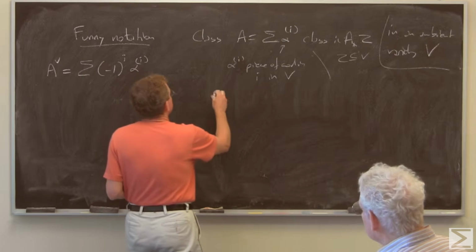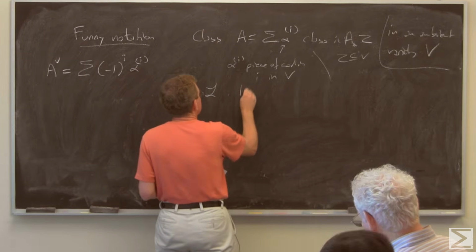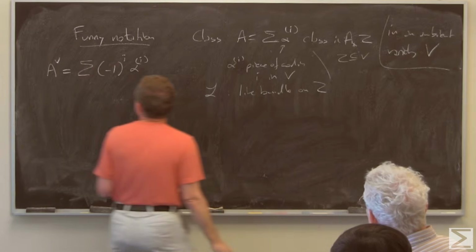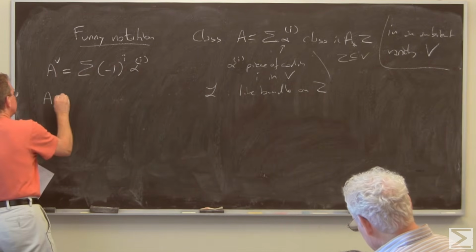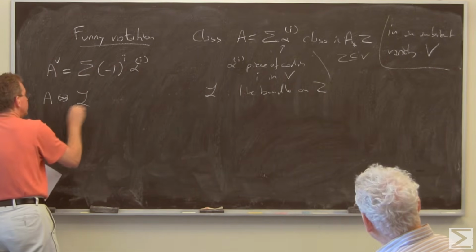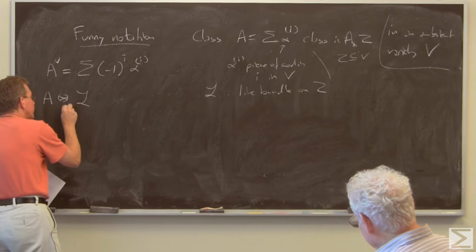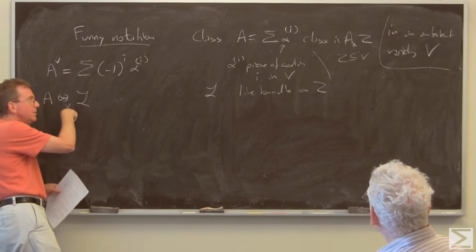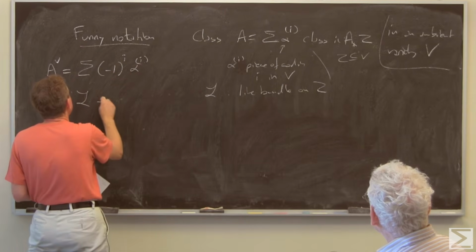And I'm also given a line bundle L on Z. And if I write A tensor L, I will put a reminder that I'm doing this in an ambient variety V, because I need to know what i means.